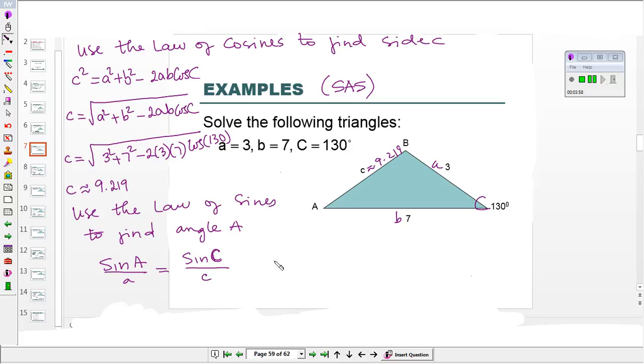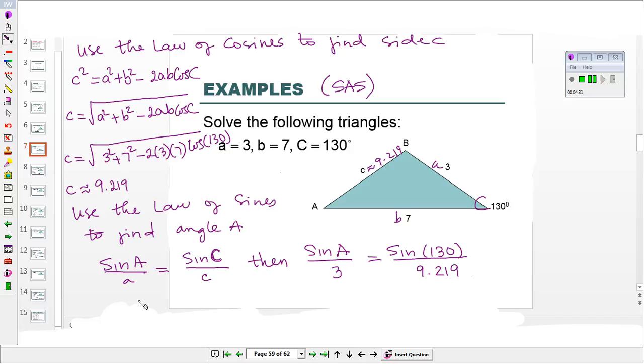So for this equation we go back and substitute the angle C, the side C, and the side A. So sine of the angle A over side A, which is 3, equals sine of the angle C, which is 130 degrees, divided by side C. Substitute c for 9.219.